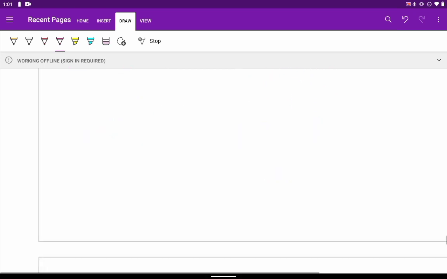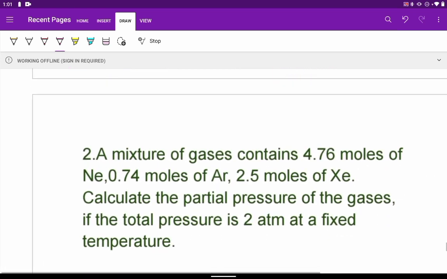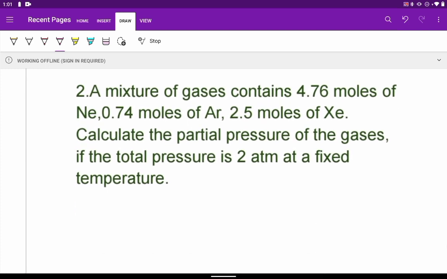Next, one more numerical we can have a look. A mixture of gases contains 4.76 moles of neon, 0.74 moles of argon, 2.5 moles of xenon. Now calculate the partial pressure of the gases if the total pressure is 2 atmospheres at a fixed temperature.